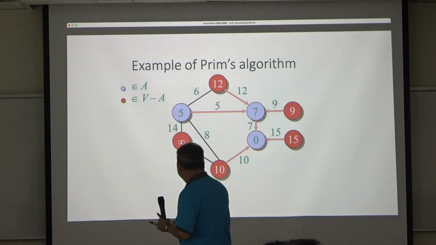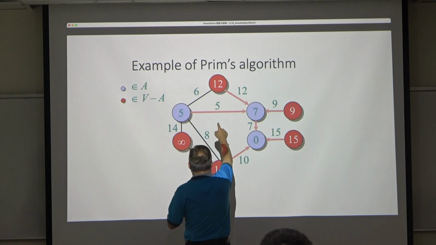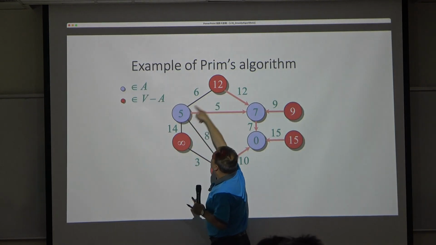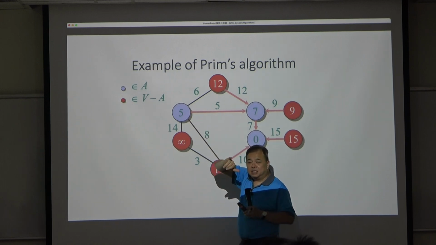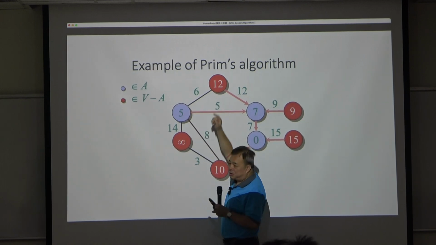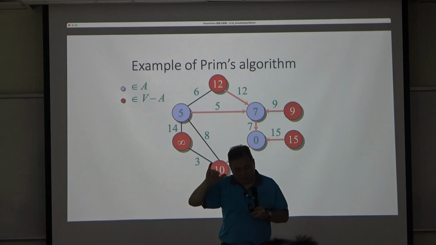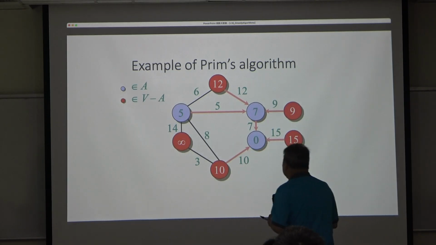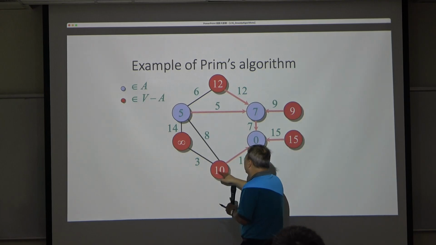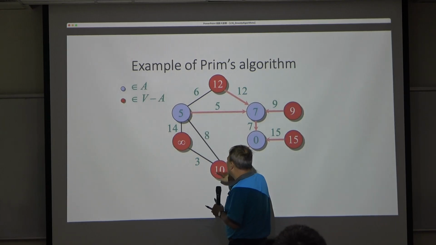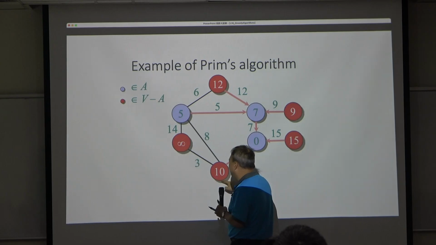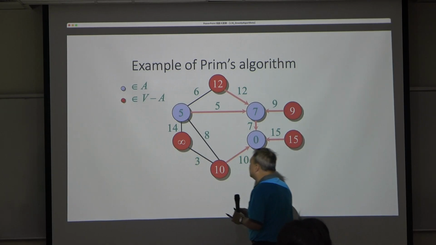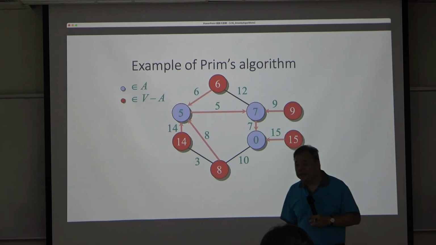For example, originally this one is 12, but now the weight is 6, so this 12 has to be updated to 6. Similarly, this one originally is 10, but now this one is 8, so its key will be updated to 8. And this one will be updated to 14.